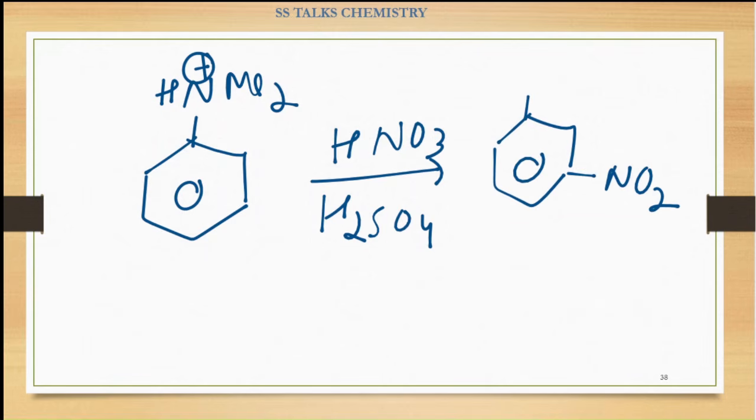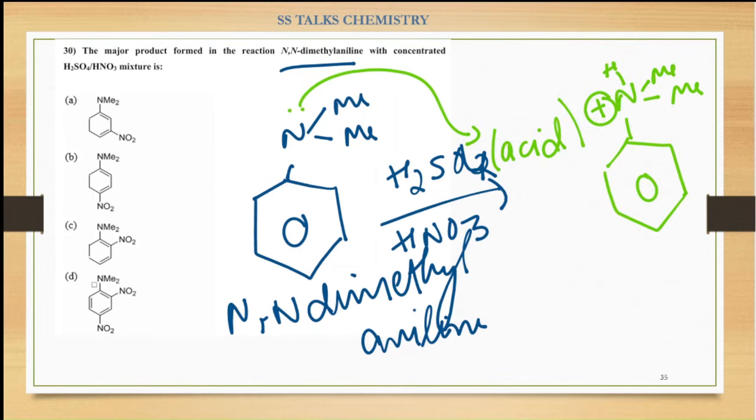So this is what happens when you are doing the nitration of the aniline type of species, be it the substituted one over the nitrogen center or the direct aniline species. Due to the acidic medium, it gets protonated and it applies the minus M effect instead of the plus M effect. That means the meta substituted product.